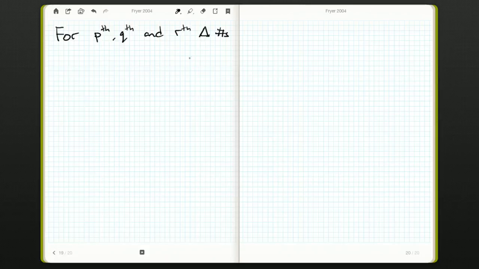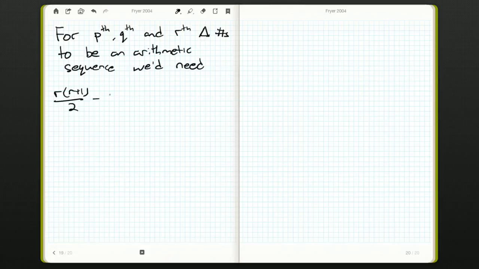So if we had the pth, qth, and rth triangular numbers, and they were in arithmetic sequence, so we need the difference between the rth and the qth to be equal to the difference between the qth triangular number and the pth triangular number. Okay. That's not a lot to go on.